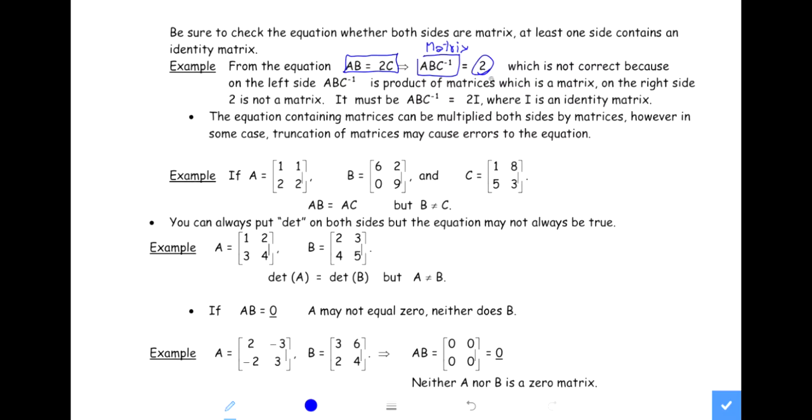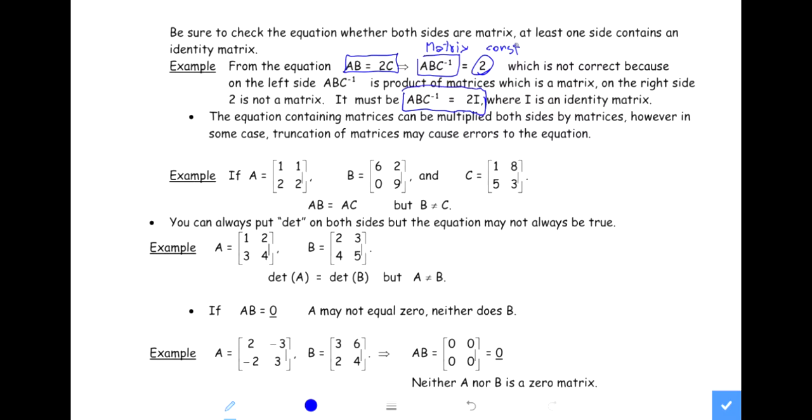So my question is, hey, can a matrix be equal to a constant? Huh? Impossible, right? A matrix cannot be equal to a constant. So you will have an error, right? So if you want them to be equal, you have to correct it into something like 2I, right?